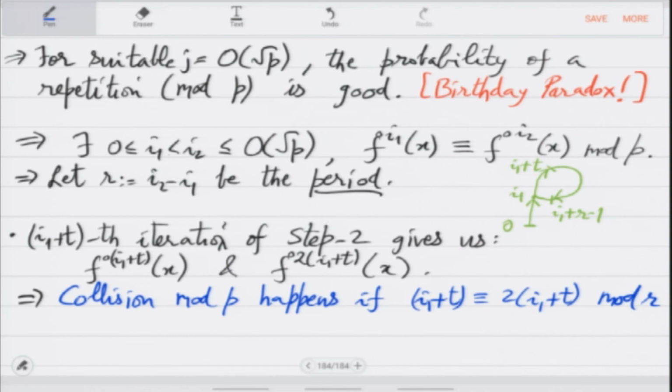That's the period of the cycle in the rho, which means that the first time you will see the collision will be when t is equal to r minus i1. This is the first collision.